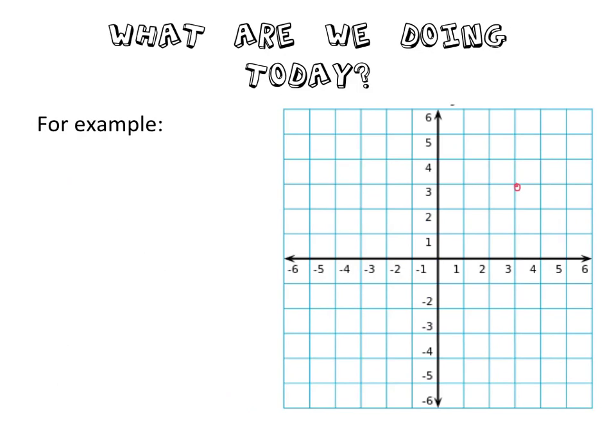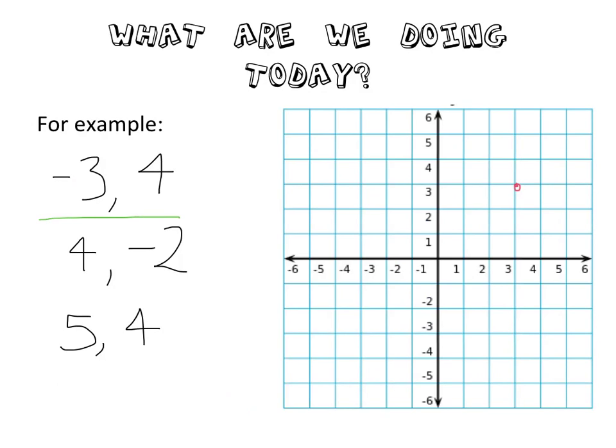Say I got given these points: negative 3, 4, and 4, negative 2, and 5, 4. I've been asked to map 3 points, so I'll start with the first one. I know that my first number is on the x-axis. My first coordinate is on the x-axis.